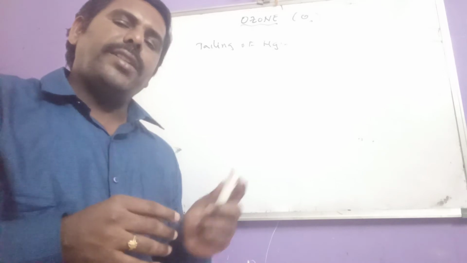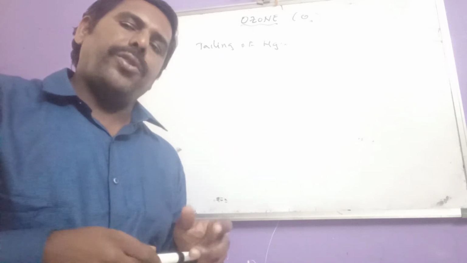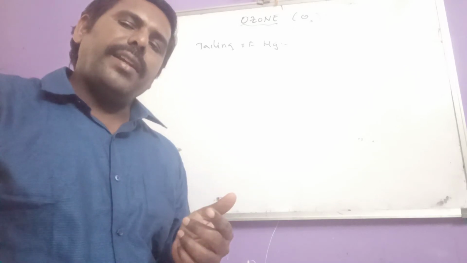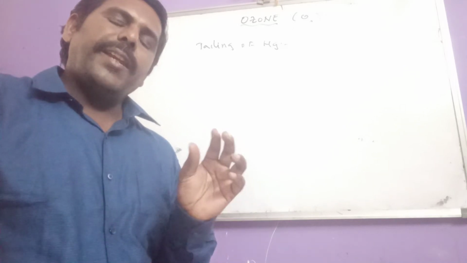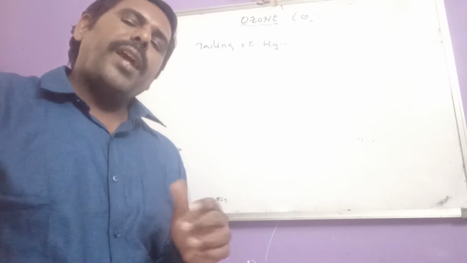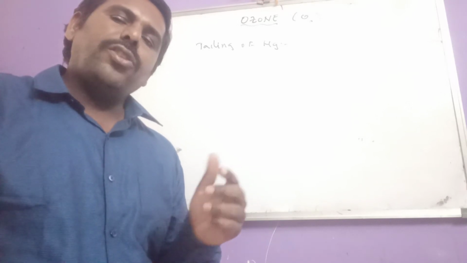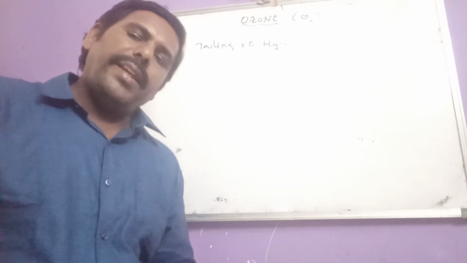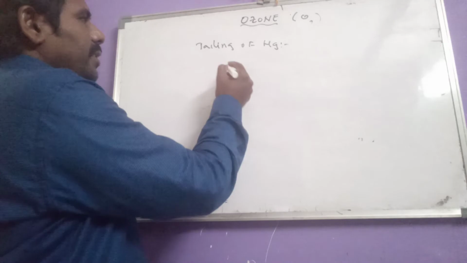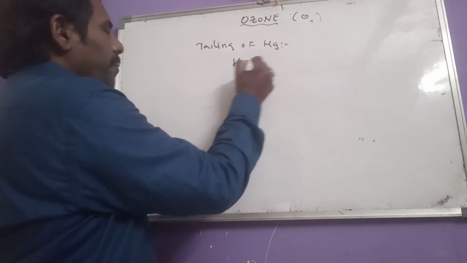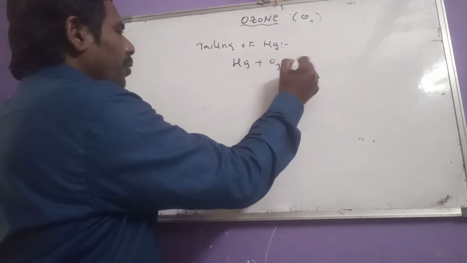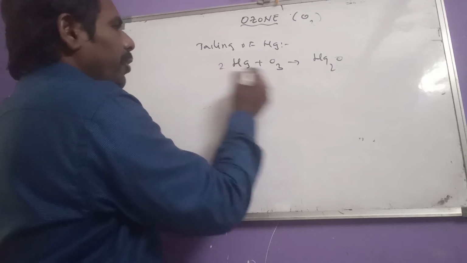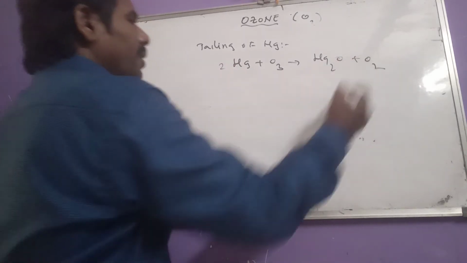That process is called tailing of mercury. So loss of meniscus and metallic luster of mercury in presence of ozone, as a result of which it sticks to the walls of the test tube, is known as tailing of mercury. What is the equation? Mercury when treated with ozone gives Hg2O, mercurous oxide, plus oxygen.